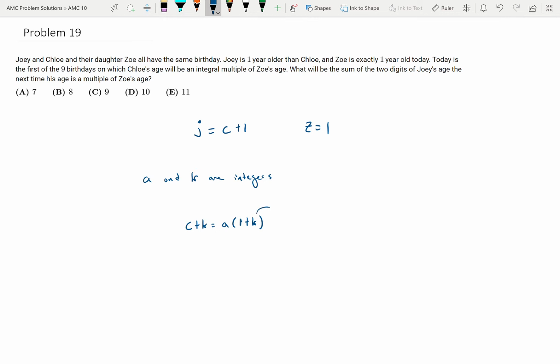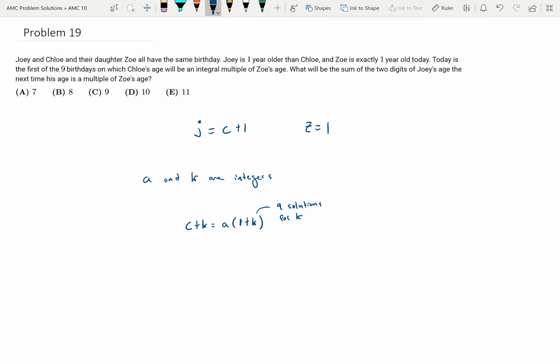Basically, adding some number to Chloe's age, there are going to be 9 times where you plug in a value for K, and that's a solution of this equation here. So basically, there are 9 solutions for K. And A is basically saying how many times bigger is Zoe's age from Chloe's. And again, the 1 is there because Zoe's age at the very beginning is 1. So that's a little explanation on that.